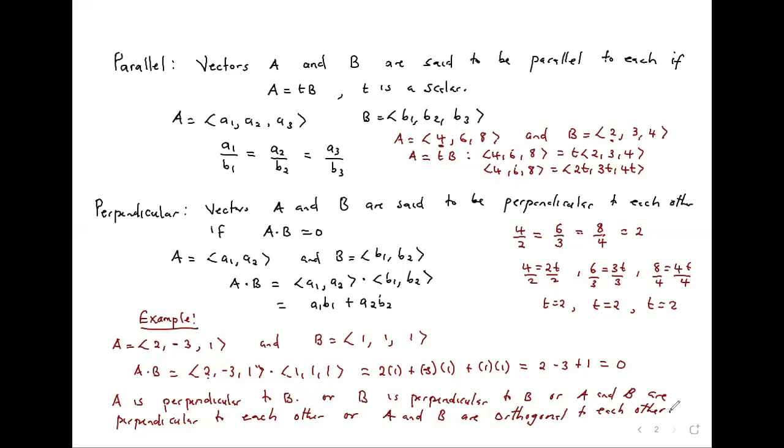How do you find the angle? It's the dot product of the two vectors divided by their respective magnitudes. Very powerful way.